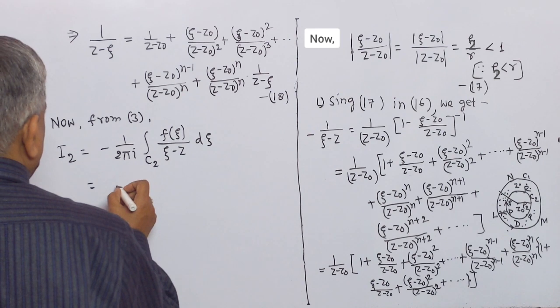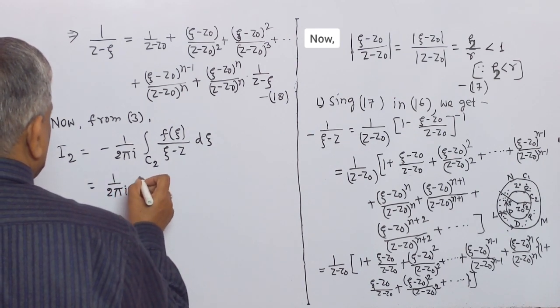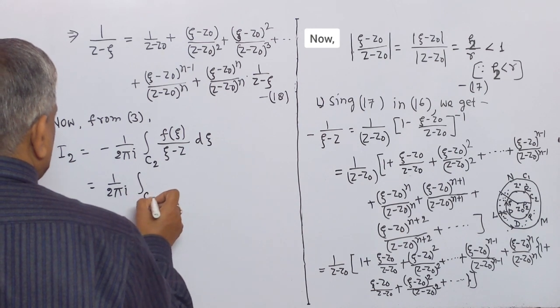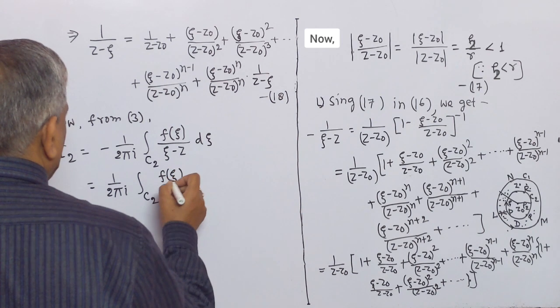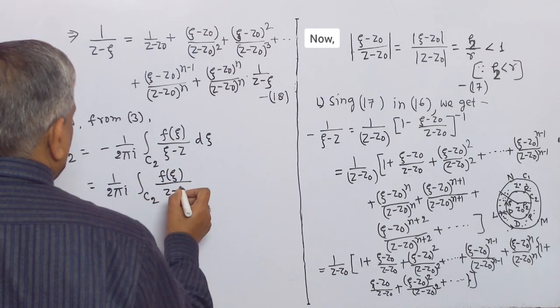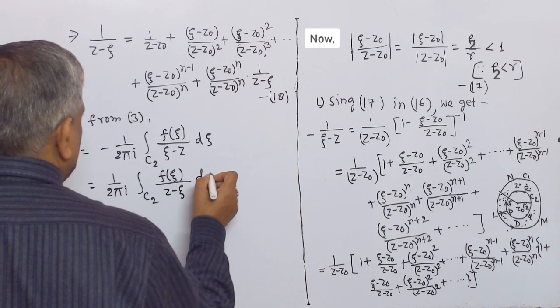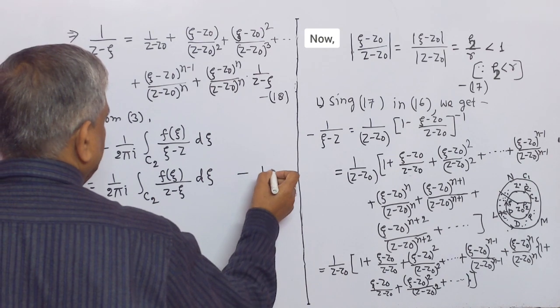This is equal to 1 by 2 pi i, integration along the circle C2 of function of xi by z minus xi d xi. Let this be number 19.